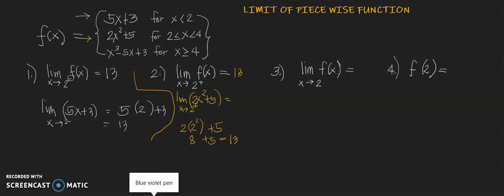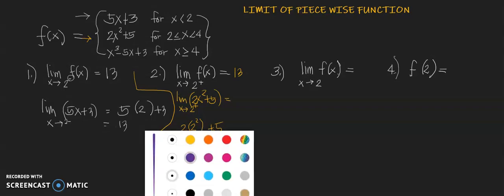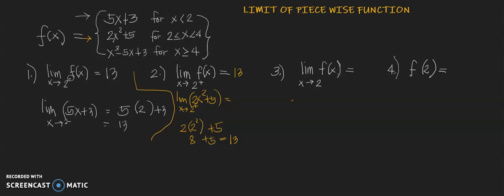For question number 3, you have to check first. We are now working with the limit of f of x as x approaches 2 from both sides, positive and negative. Take note, we have to solve for the limit as x approaches 2 from the left-hand side, and check the limit as x approaches 2 from the positive side.